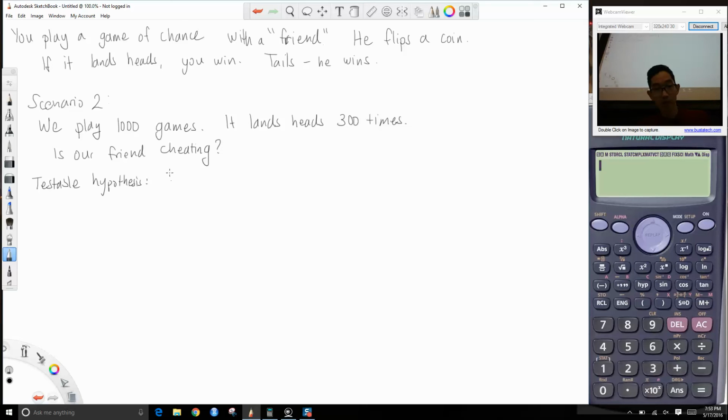Okay, we're going to say friend is playing fair. Playing fairly which means the probability of heads is equal to 0.5, okay?